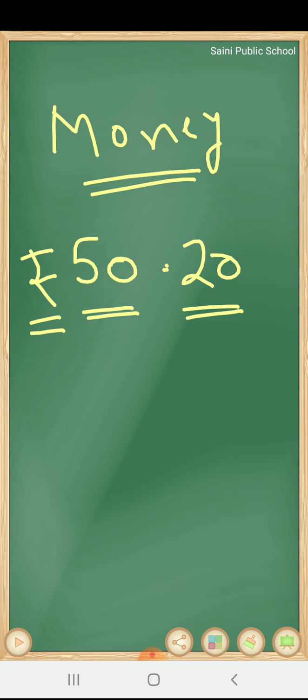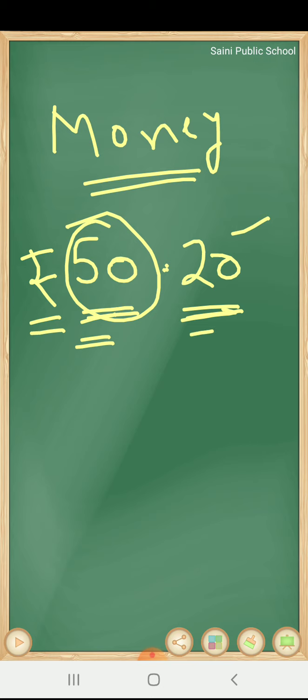The dot is used to separate rupees and paise. The number on the left side of the dot represents rupees and the number on the right side represents paise. Paise are represented by 2 digits after the dot.